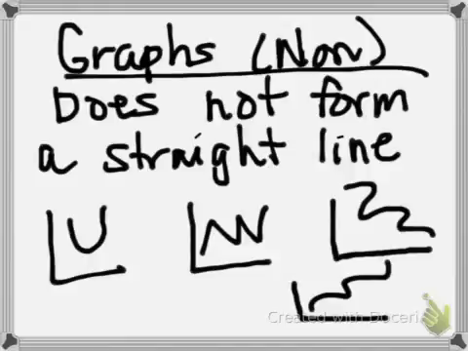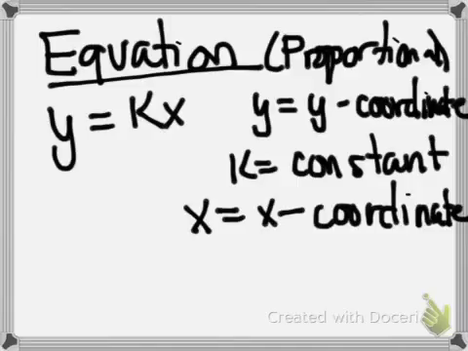You may see others. But if my line is not consistently straight throughout, then it will not be a proportional relationship. So again, to recap, for graphs, if it forms a straight line, it will be proportional. If it does not form a straight line, then it will be non-proportional.